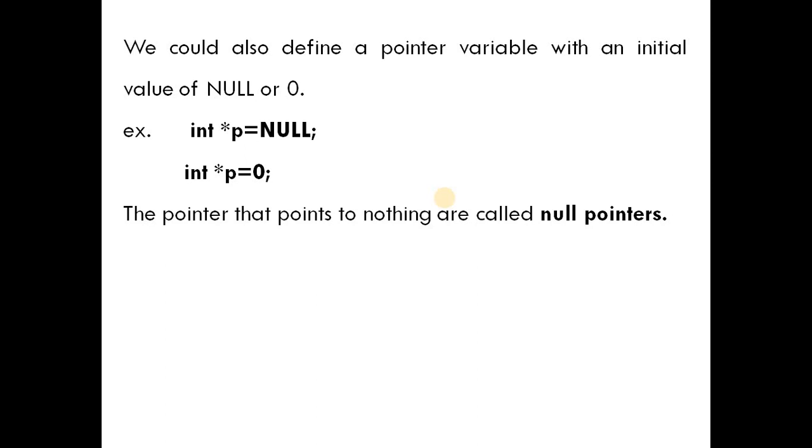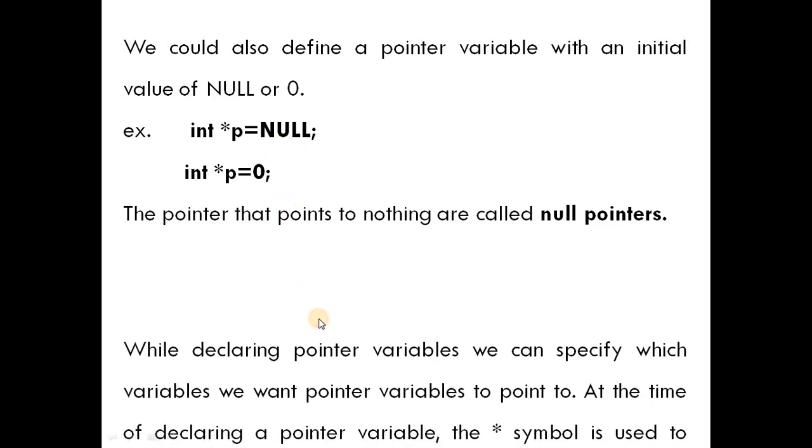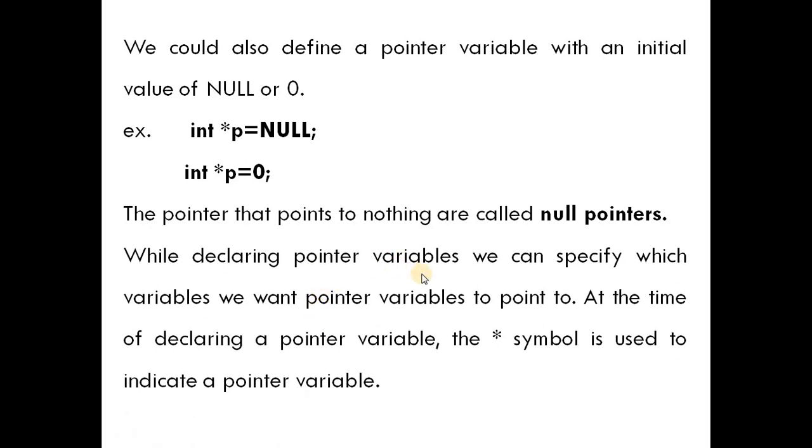Okay, so when we are going to use a pointer, but at the first stage of the program we don't know how we are going to use this pointer p or to which variable it is going to point, in those cases we are going to initialize the pointer to NULL. While declaring pointer variables, we can specify which variables we want them to point to.